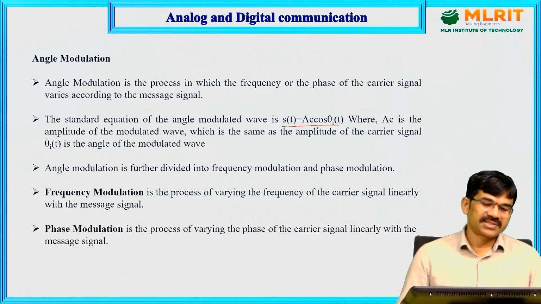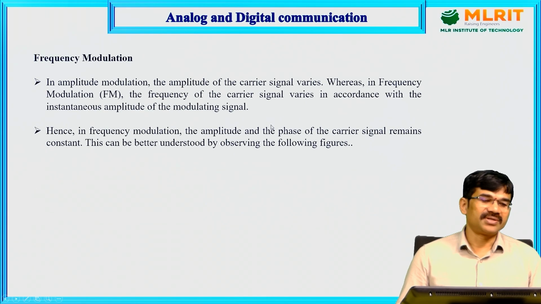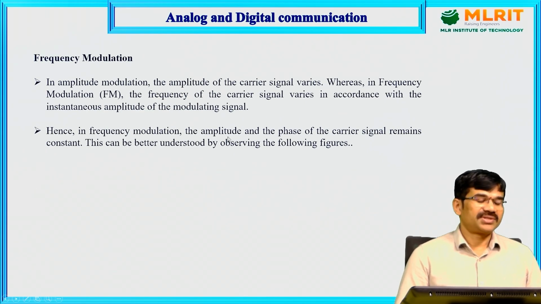So let me discuss frequency modulation. Frequency modulation is similar to amplitude modulation, but here the frequency of the carrier we are changing. In amplitude modulation, the amplitude of the carrier signal varies, whereas in frequency modulation, the frequency of the carrier signal varies according to the instantaneous values of the amplitude of the modulating signal.